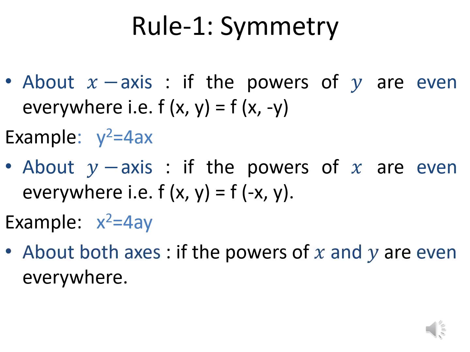Now the third, if the powers of x and y both are even, then the curve is symmetric about both axes. For example, the circle equation x² + y² = a². Here x and y both have even powers. That's why this circle is symmetric about both the x and y axes.